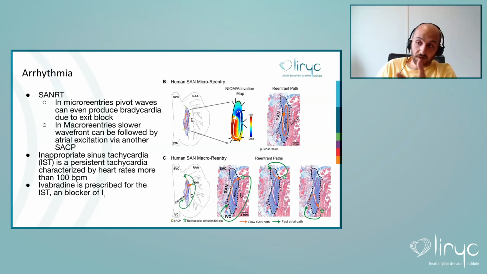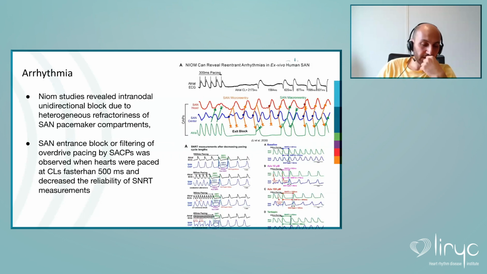And as I told you, there are some studies in rabbits showing that, when AF is inside the atrium, conduction pathways somehow filter the AF so that it does not go through the SA node.